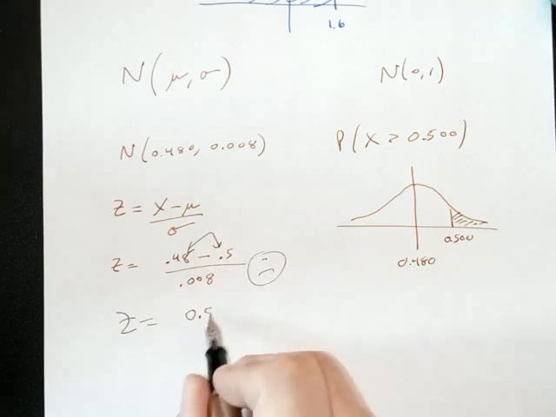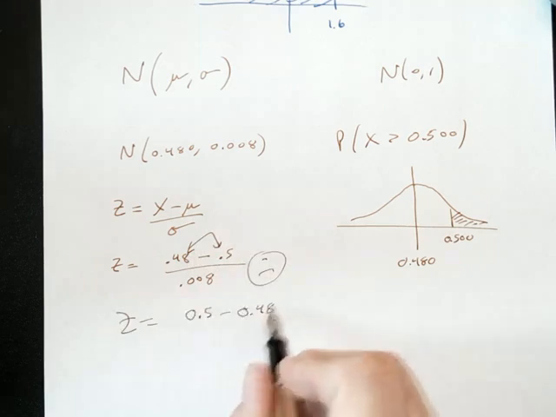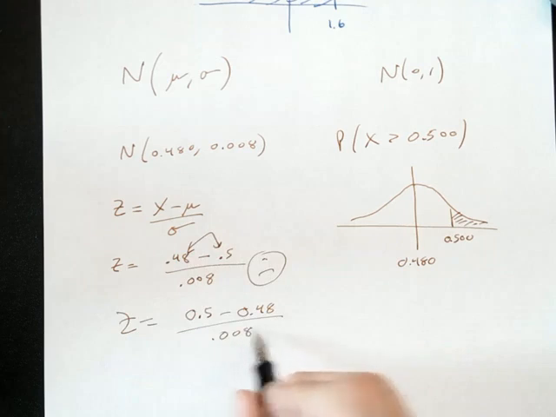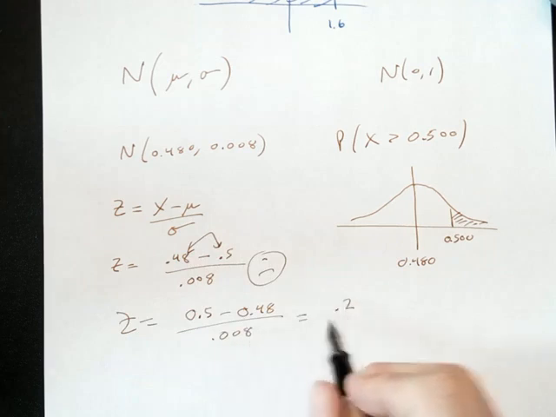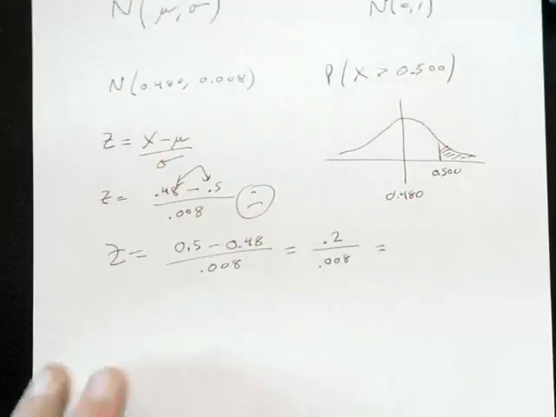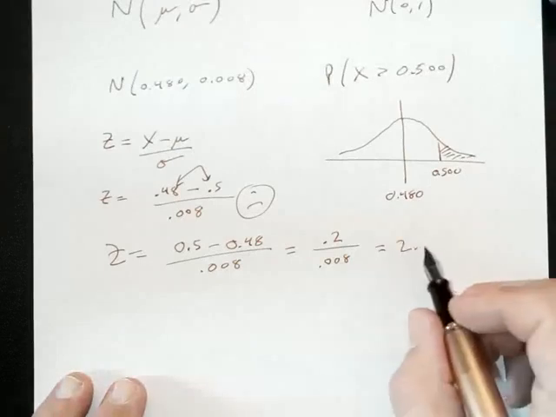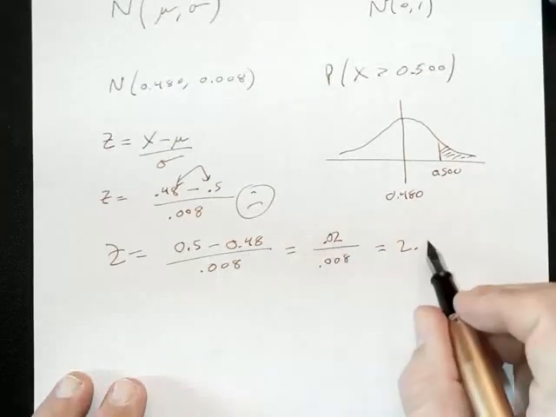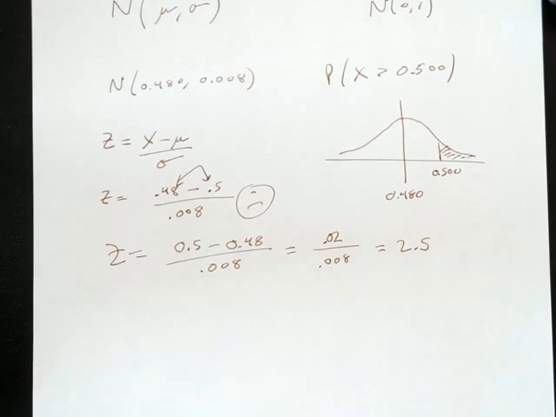Z is 0.5 minus 0.48 over 0.008. So I'll give you the 0.02 up there, but then I'm dividing by 0.008, and that is 2.5. Helps if I write down the correct thing that I say.